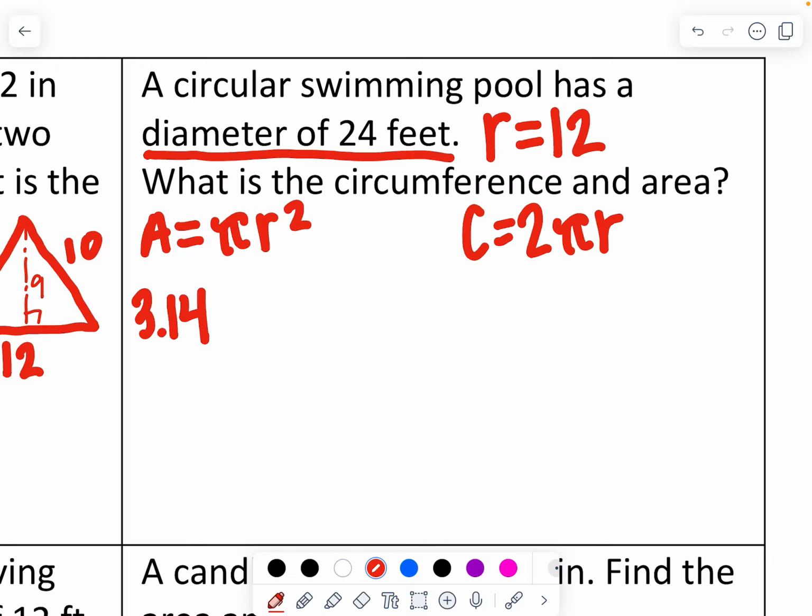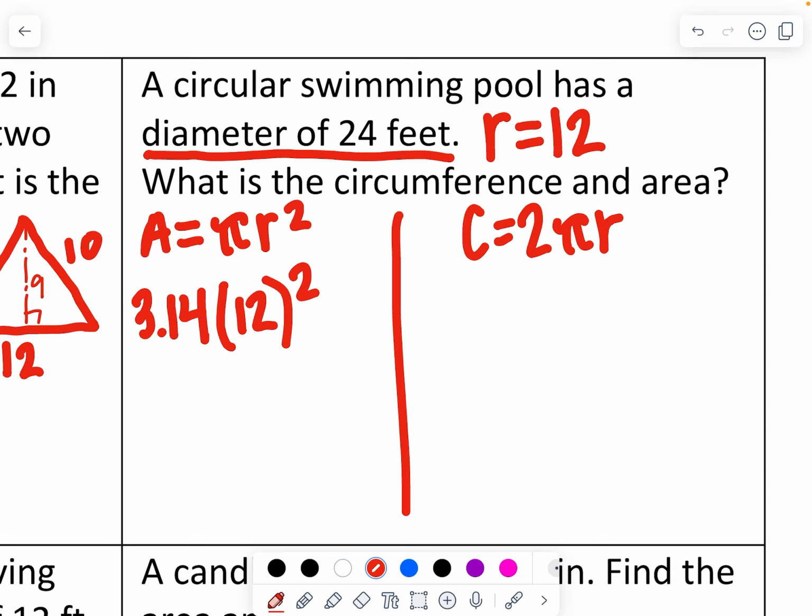We just said our radius is 12, and we need to square it. So when I put that in my calculator, I'm going to do 12 squared times 3.14, but you can also do it in any order you would like.